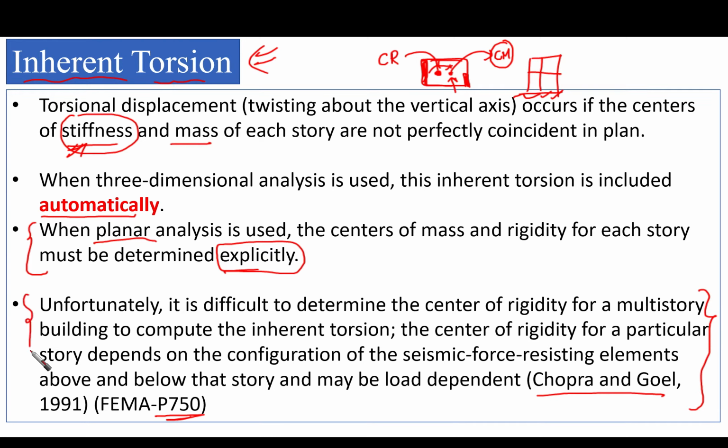As we said, whenever we are talking about the code provisions, they are putting in some simplifications and making it easy for the designer or the engineer to work out whatever the issue, whether that's torsion or drift or whatever. But we need to understand that there is a most accurate way of understanding the issue.